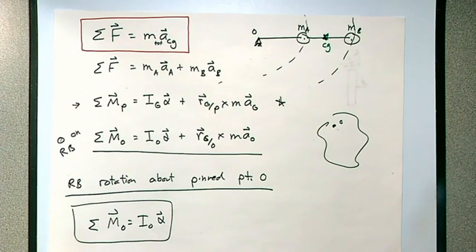So what's the whole point of telling you all this stuff? If we have a pinned body, every point on that body is traveling in a circle. So very, very easily in polar coordinates, I can tell you what that acceleration is doing. If I pick a point way over here, that's point A. All I need to know is the distance from O to A, and then what my angular velocity and angular acceleration are.